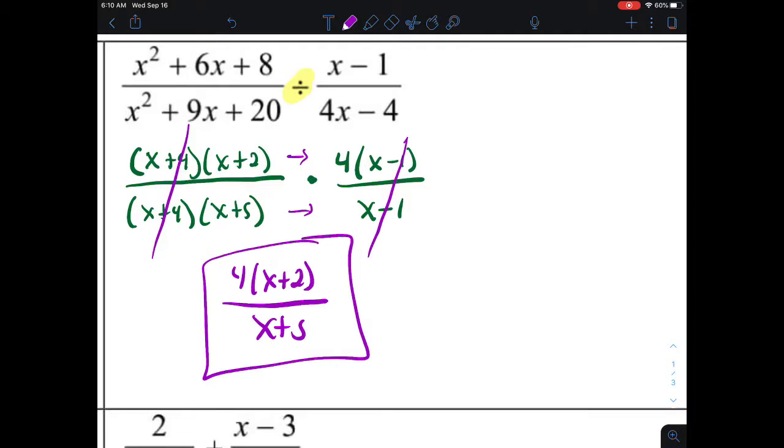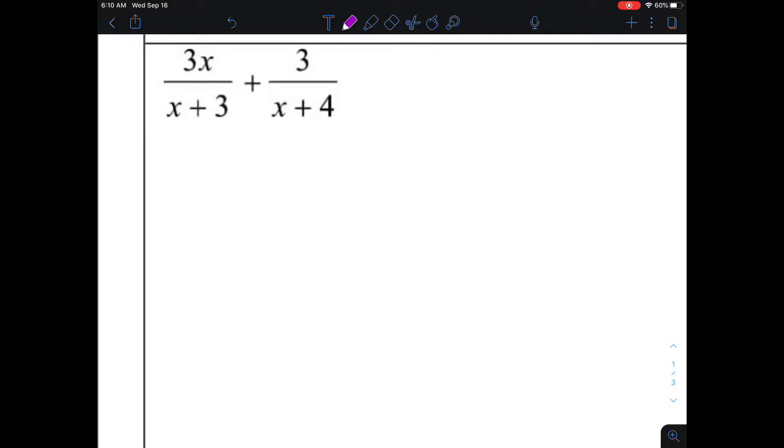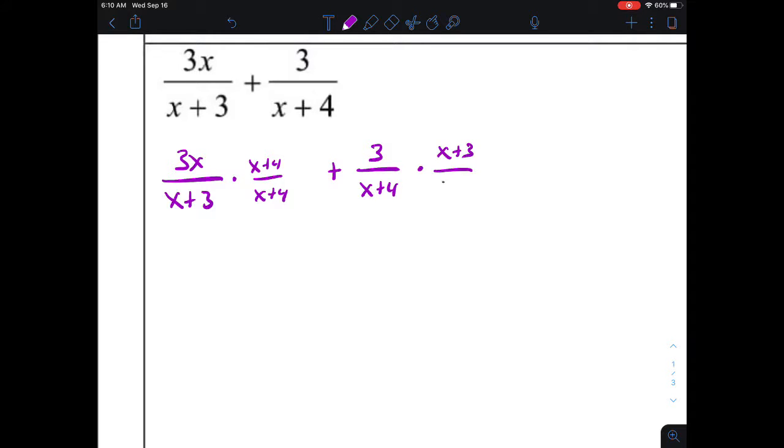All right, now I want to combine fractions. In order to do that, I have to have common denominators. So the fraction on the left is going to get multiplied by the denominator on the right. The fraction on the right side is going to get multiplied by the denominator on the left.